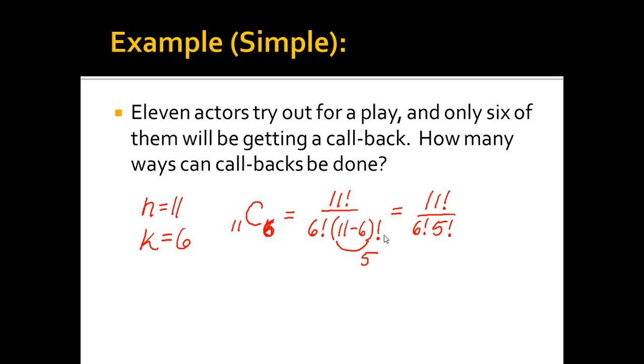Now what I'm going to do is actually write out this whole calculation. In the numerator I've got 11, 10, 9, and I'm just going to go all the way down.